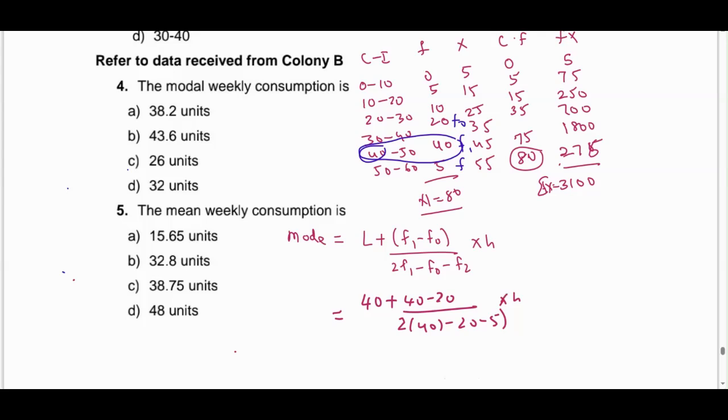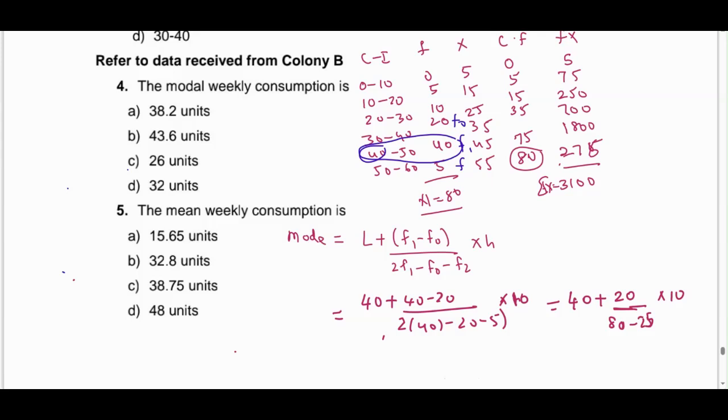So f1 is 40, f0 is 20, f2 is 5, and h is 10. So you have 40 plus 20 divided by (80 minus 20 minus 5) into 10.